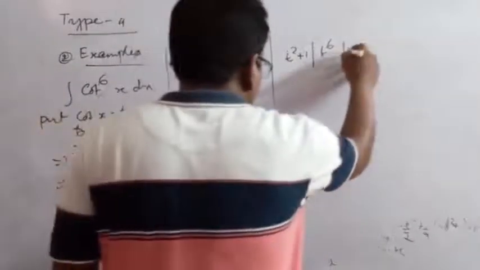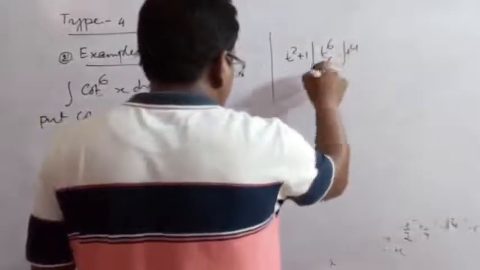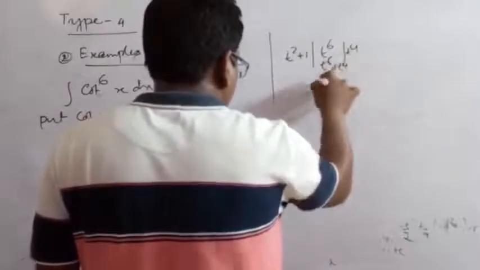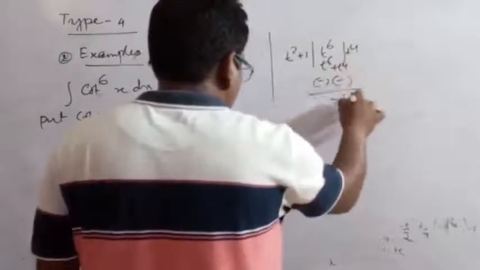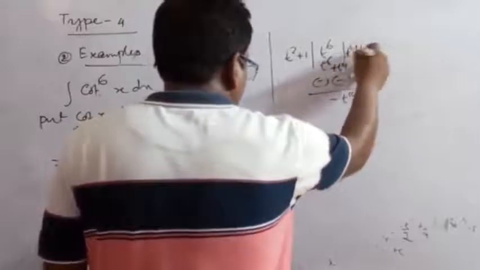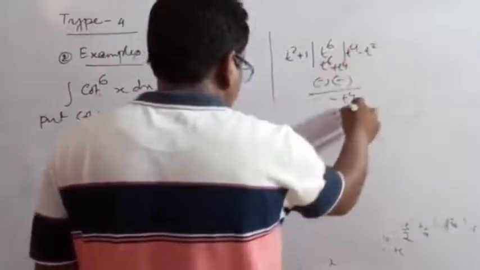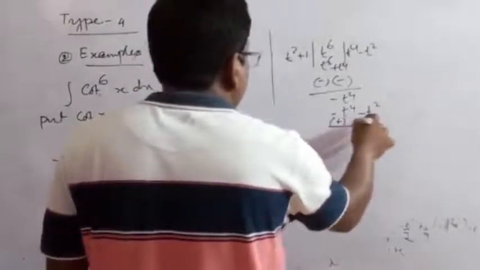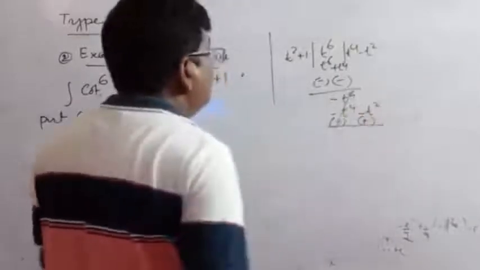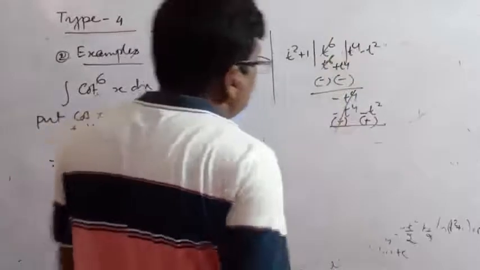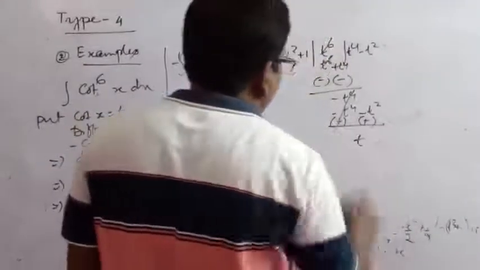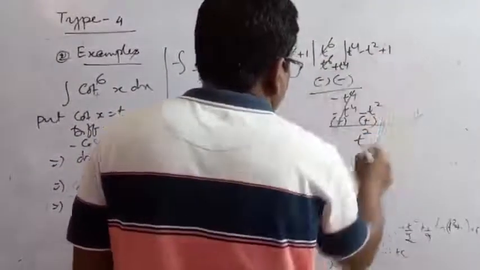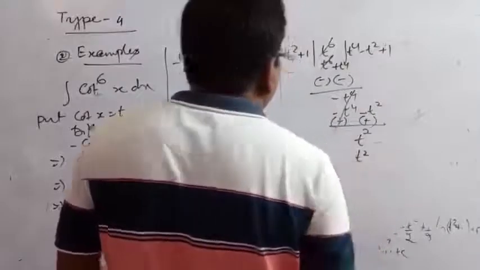So t to the 6 minus t to the 4 gives, t to the 4 minus t square, so the signs change and they cancel. So this is t square. Okay, so plus 1. So this is t square.